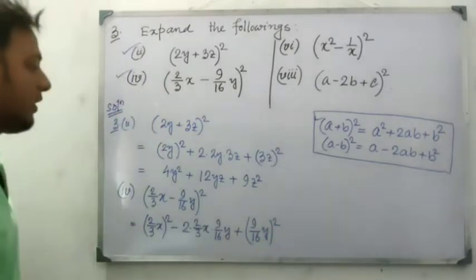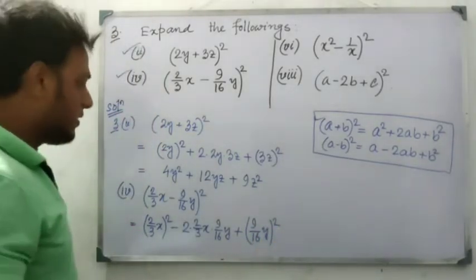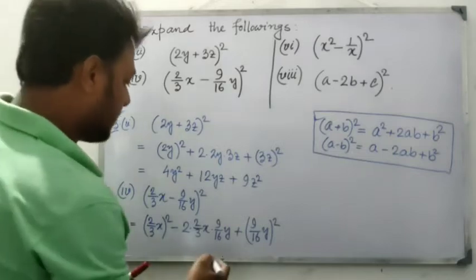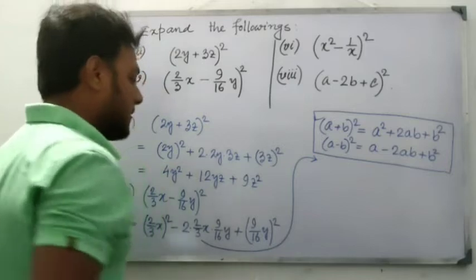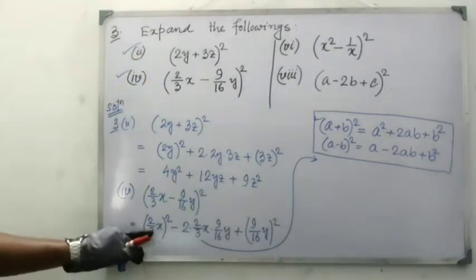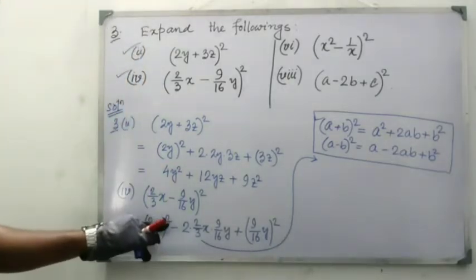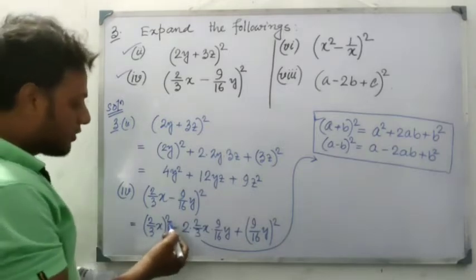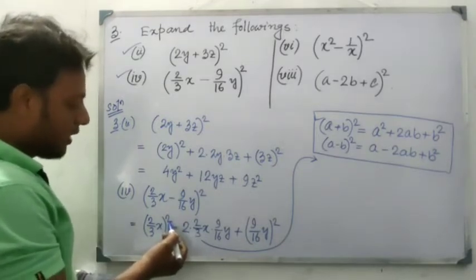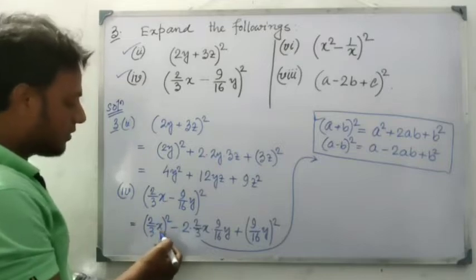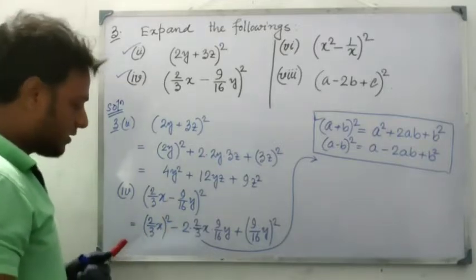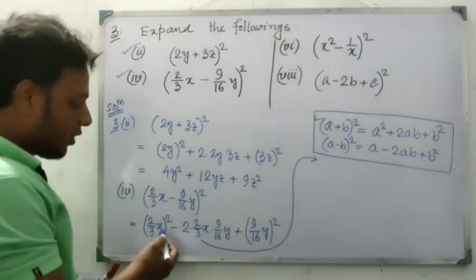Now we have to simplify it. The first term will be (2/3 x) square. Since the square is outside the bracket, we can distribute it over all the terms inside the bracket, and all are in product form.